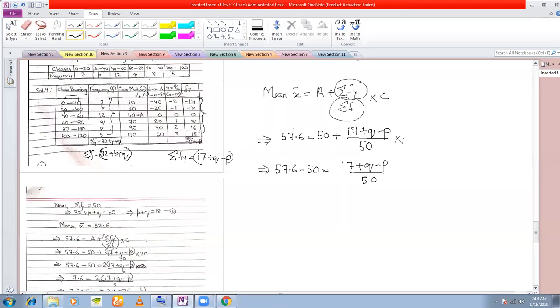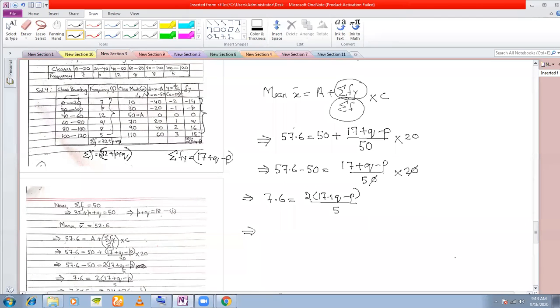What is c? c is the class width, which is 20. So 7.6 is equal to, cancelling this 0, twice 17 plus q minus p by 5.